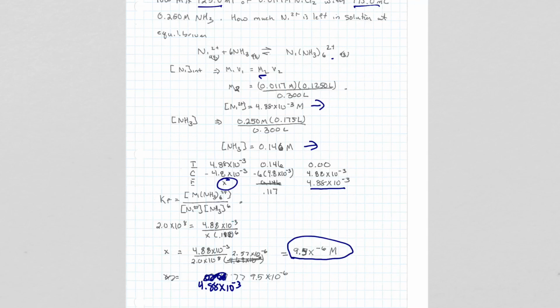Therefore, this is a very product-favored equilibrium, because Kf is big. It makes sense that we're going to have a very small amount of metal left in solution.